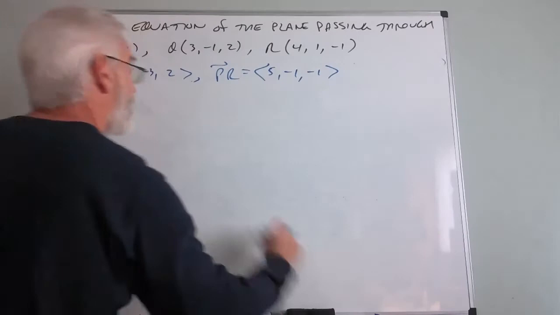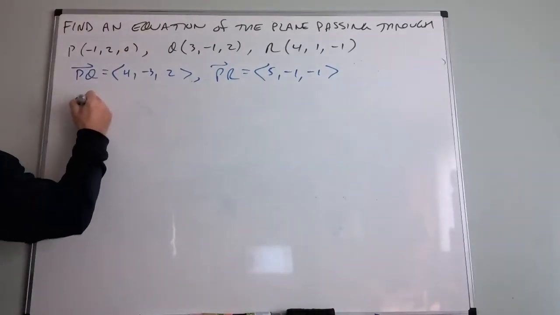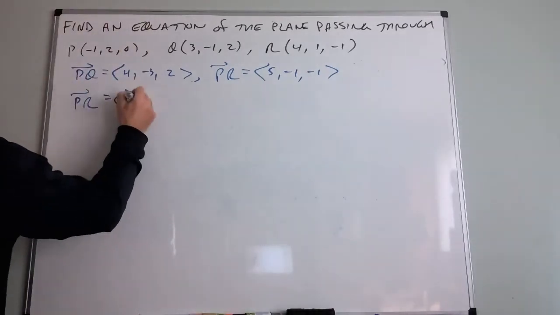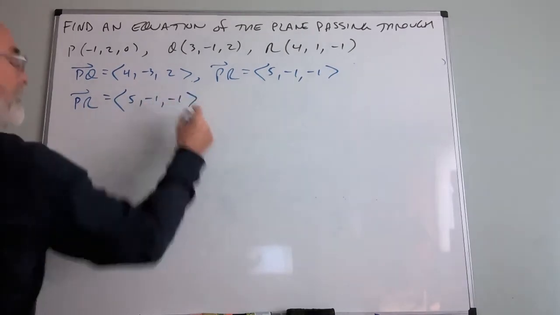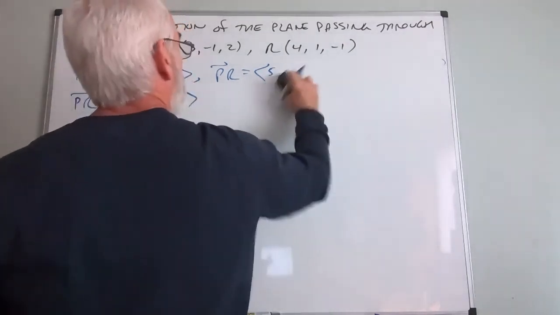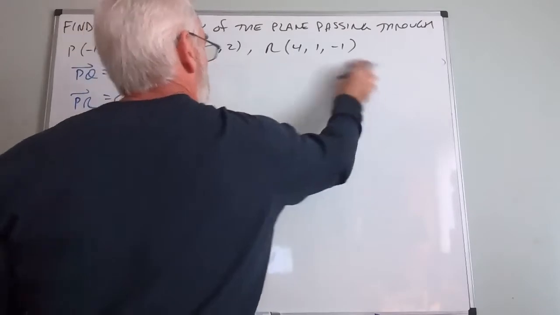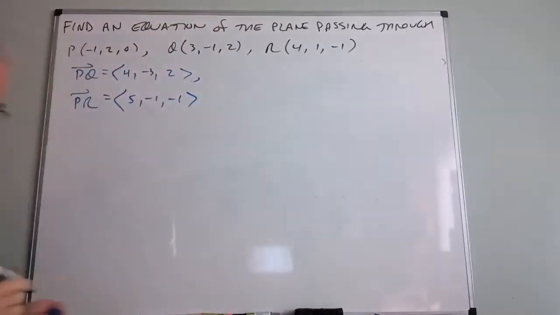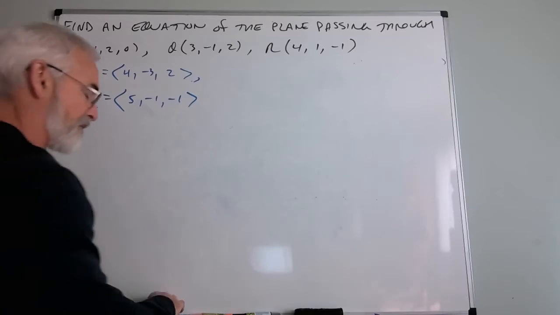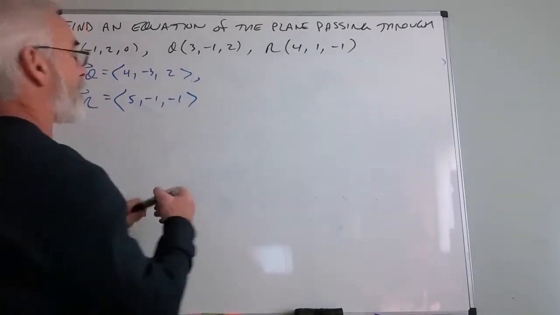Okay, actually, let me write it. I'm going to put it under. Makes my life a little easier if I do this. All right, so here are the 2 vectors I created by taking the 3 points and making P be the vertex, and I got these 2 vectors. I now need the normal to this plane, and the normal is simply going to be the cross product.